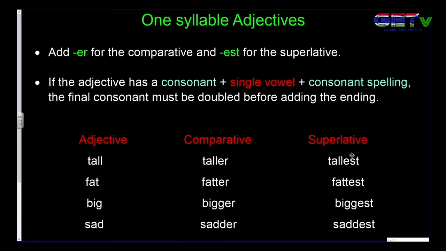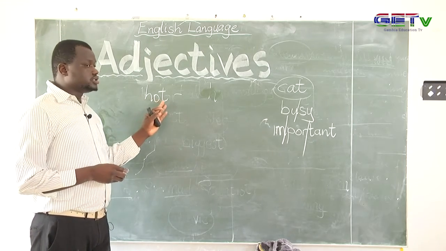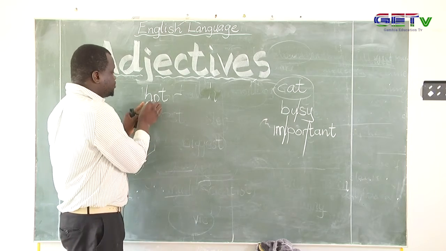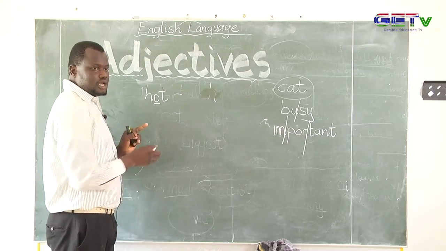If the adjective has a consonant, single vowel, plus consonant spelling, the final consonant must be doubled before adding the ending. What we are saying is this. For example, if you have this word, hot, here you have a consonant, a single vowel, and a consonant.